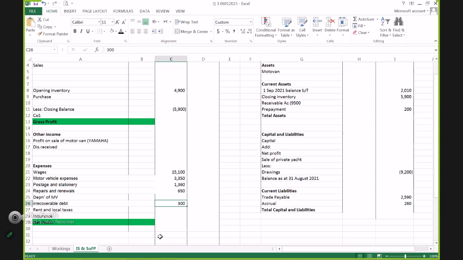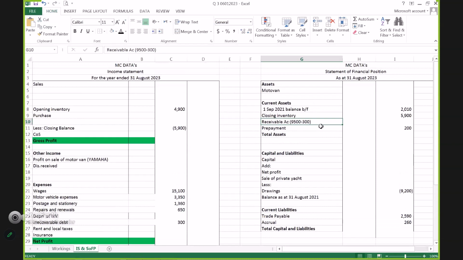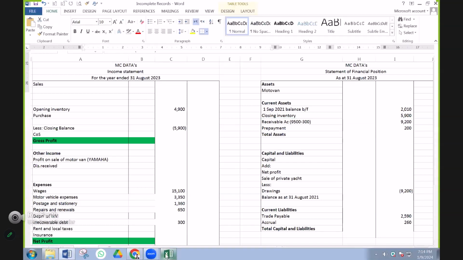It is also deducted from the receivable. Therefore, the closing receivable of 9,500, you have to deduct the 300 irrecoverable debt, so the net amount is 9,200.